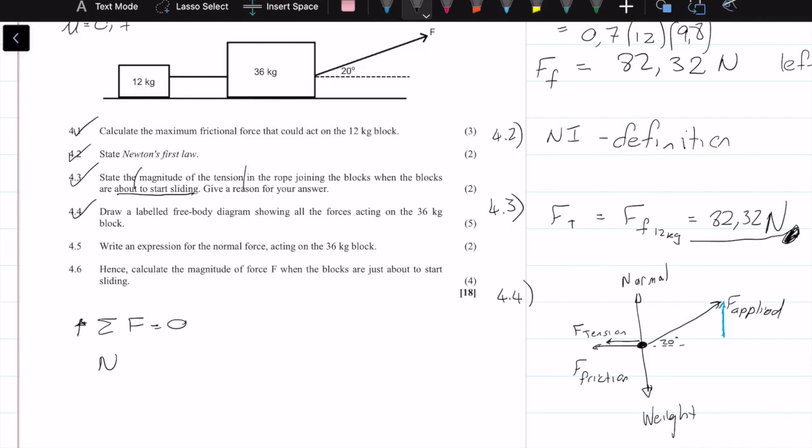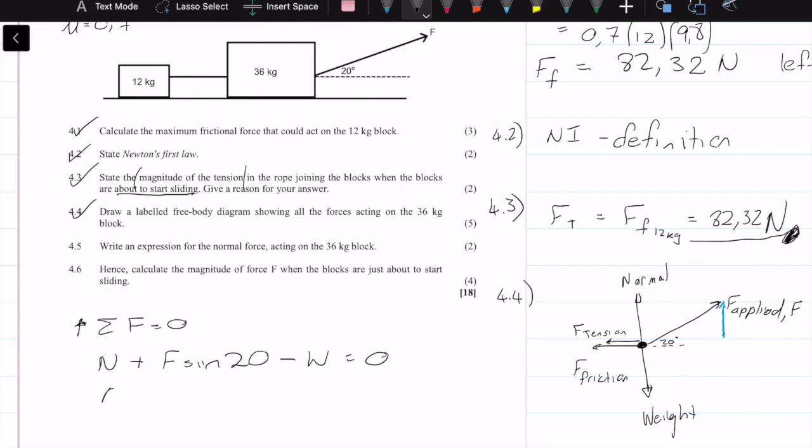So plus F, the applied force, and we're looking at the sine component, so sine 20. The only force acting downwards is weight, so minus weight is equal to 0.